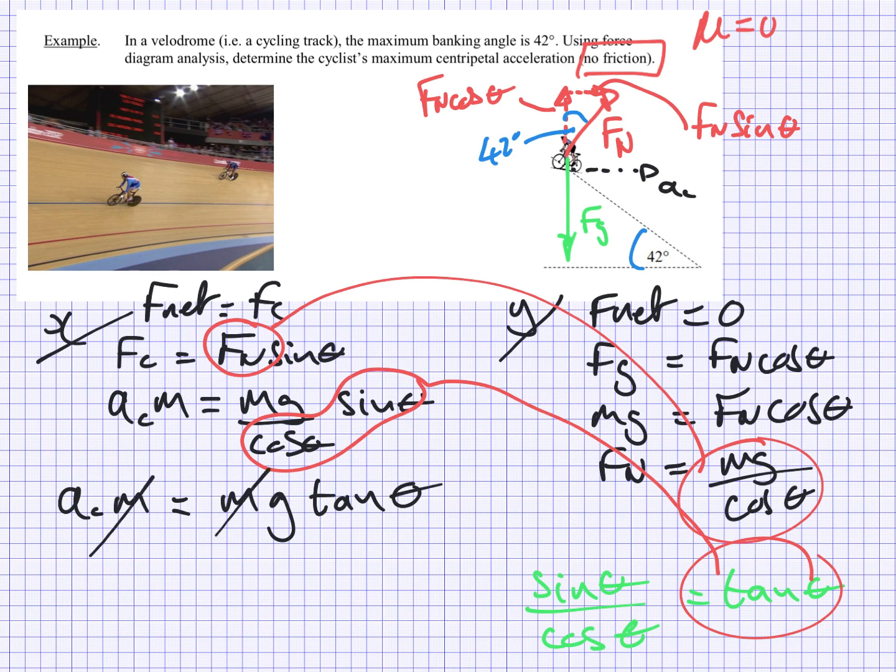The masses cancel, so when we're asked to find the maximum centripetal acceleration at this angle with no friction, we would say that it is g tan theta. If you plug that into your calculator, you're going to get a value of 8.8. I've only got two significant figures, so I have to give my answer to two significant figures, so 8.8, and that is, of course, meters per second squared.